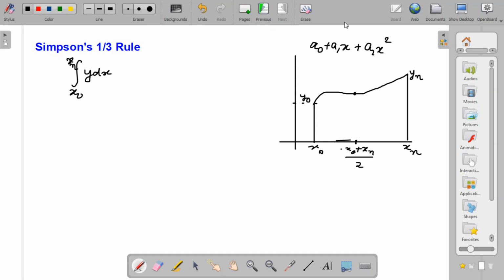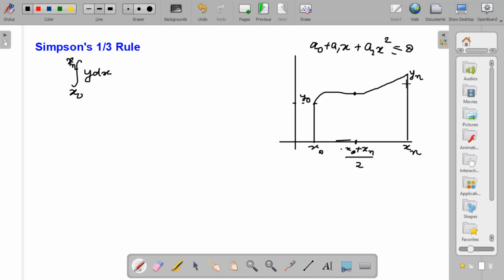Then putting the value of x as x0 plus xn by 2, you can have another equation for a0 plus a1x plus a2x square. Now again, assuming the value of x as xn, you have another equation.